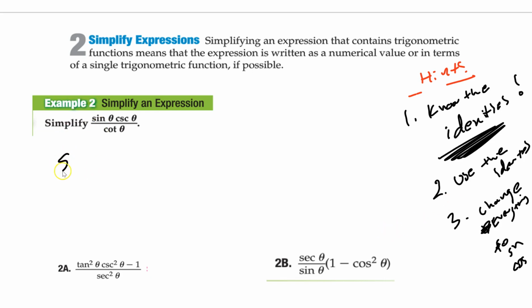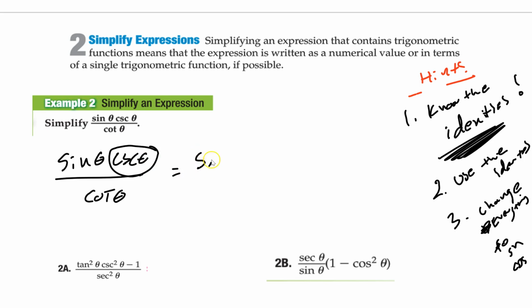Let's talk about what they want us to do. They have sine theta times cosecant theta over cotan theta, and they want me to simplify it. So let's look at cosecant. Cosecant is the same thing as 1 over sine.